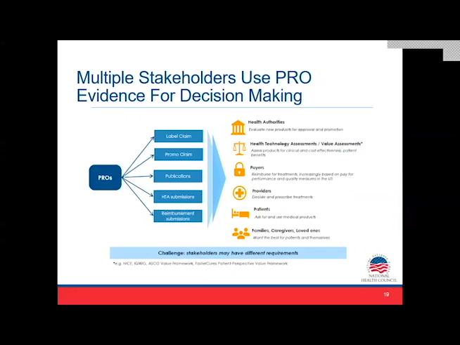One of the challenges that presents is that the stakeholders may have different requirements. They're looking at things from their position, and that means you have to try and satisfy all of the different stakeholders, which becomes difficult.